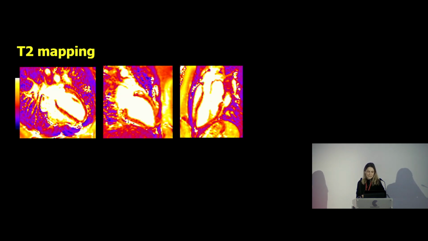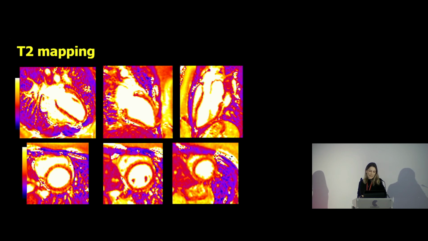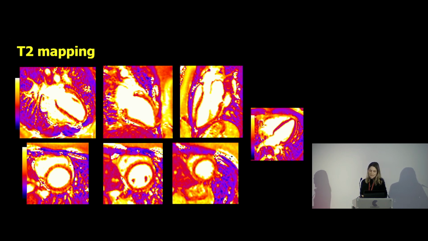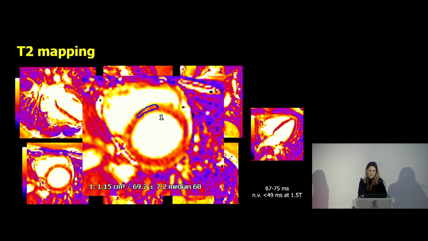T2 mapping for edema and inflammation is even more concerning. Very high signal throughout the myocardium, anterior wall, inferior wall, septum, from base to apical segments. Again, on the right-hand side is what our normal T2 map would look like, and for our patient, values are significantly raised throughout.